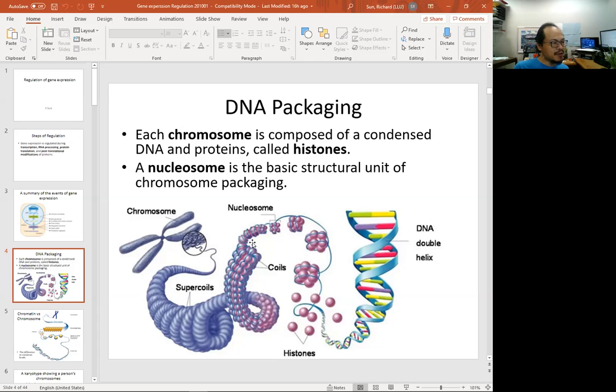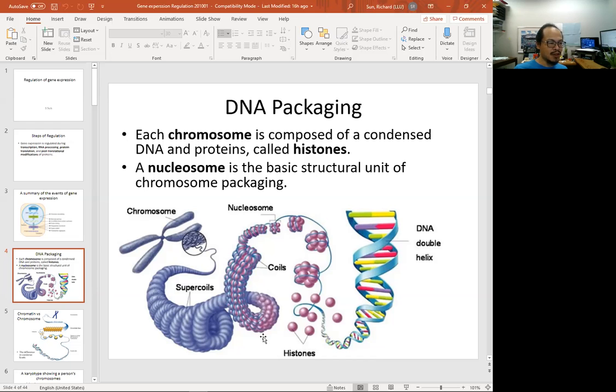Now this fiber is composed of two important components, that is the DNA and the protein. So the chromosome is a package of DNA and protein. The DNA is the DNA that we know. It's a polymer of the nucleotide. It contains genetic code GCAT, right? And the protein, what's the protein?